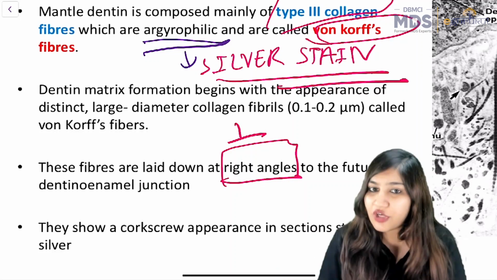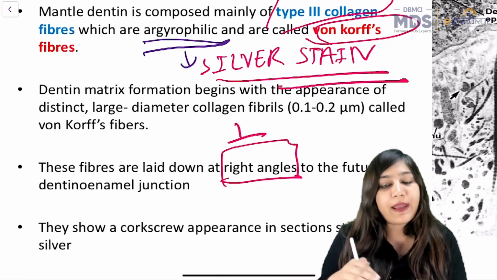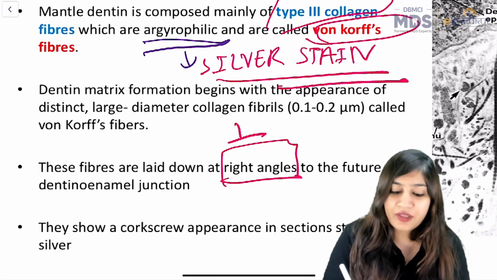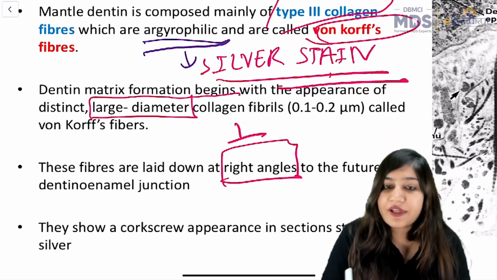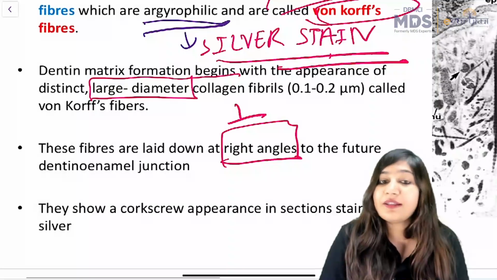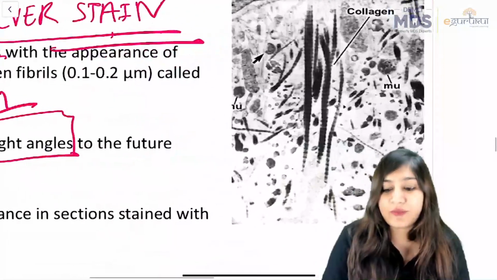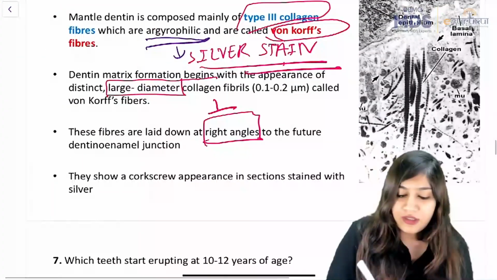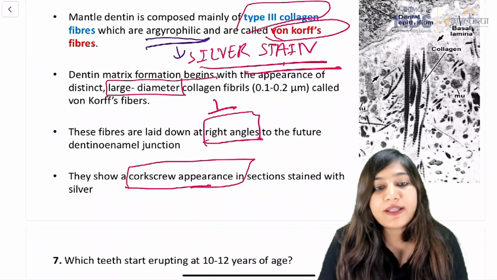So these von Korff's fibers are only perpendicular, the rest of the fibers will be mostly parallel. And von Korff's fibers are large diameter fibers. They can be stained with silver stain, argyrophilic. They have a corkscrew appearance. In this diagram, you can see perpendicular fibers. These are von Korff's fibers. Corkscrew appearance in sections stained with silver.